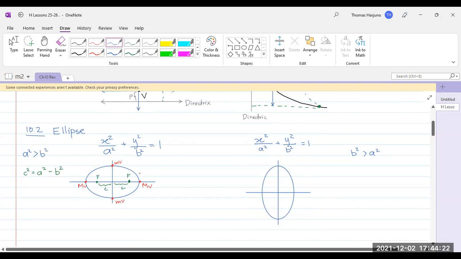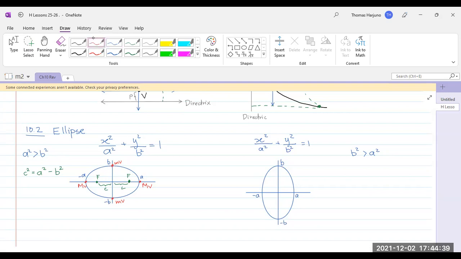So if we look back, this is A, this is negative A, this is B, this is negative B. Likewise here, this is A, this is negative A, this is B, this is negative B, right? But because B squared is greater than A squared, the foci will be on the major axis, which is on the y-axis.